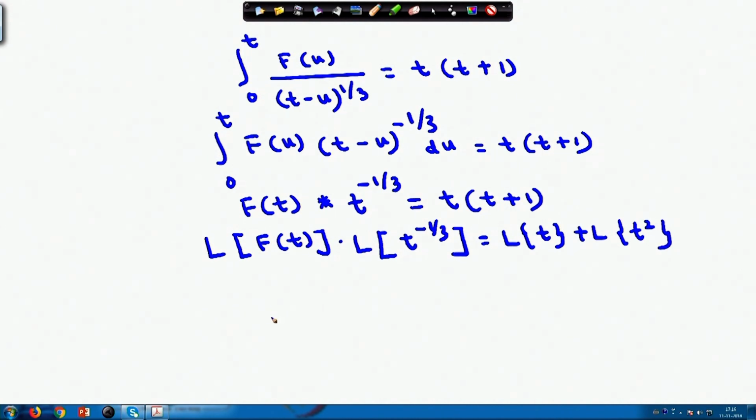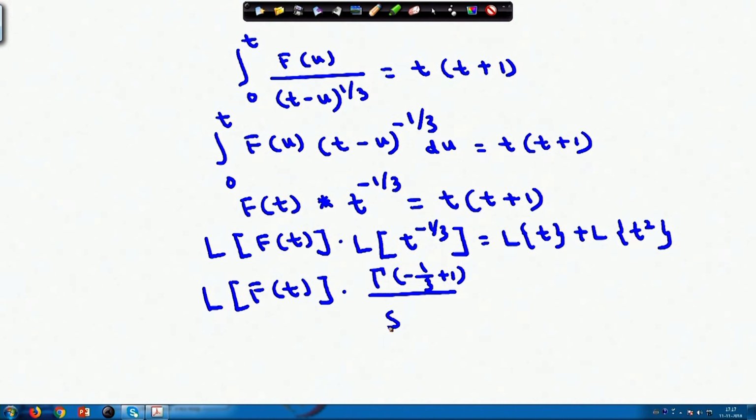So, I can say that the Laplace transform of f(t) into the Laplace transform of t to the power minus 1/3 will be gamma of (minus 1/3 plus 1) divided by s to the power (minus 1/3 plus 1). This equals the Laplace transform of t, which is gamma 2 by s square, plus gamma 3 by s cube.